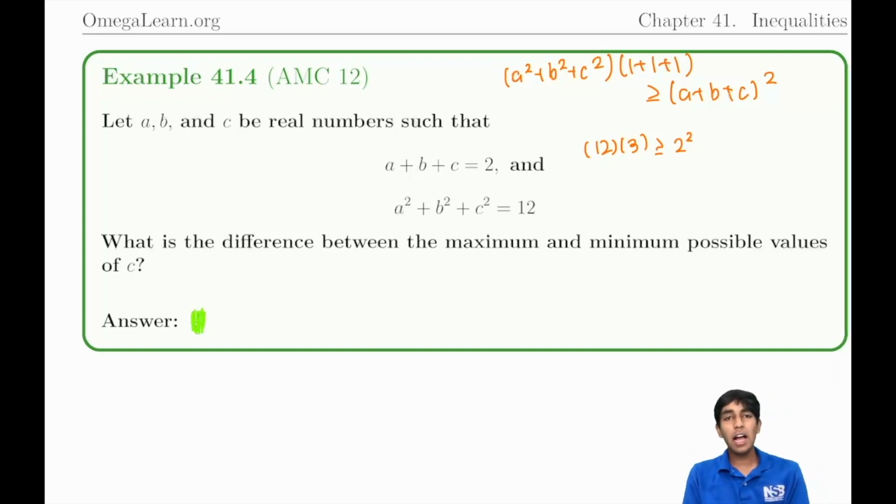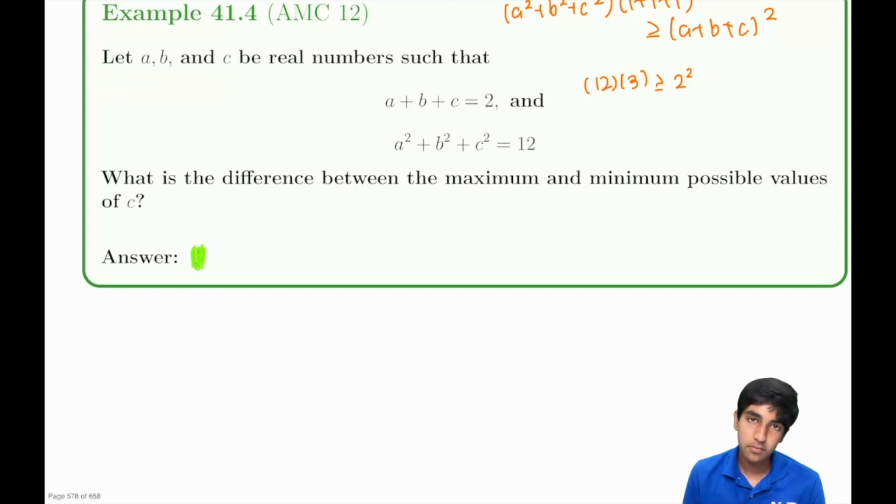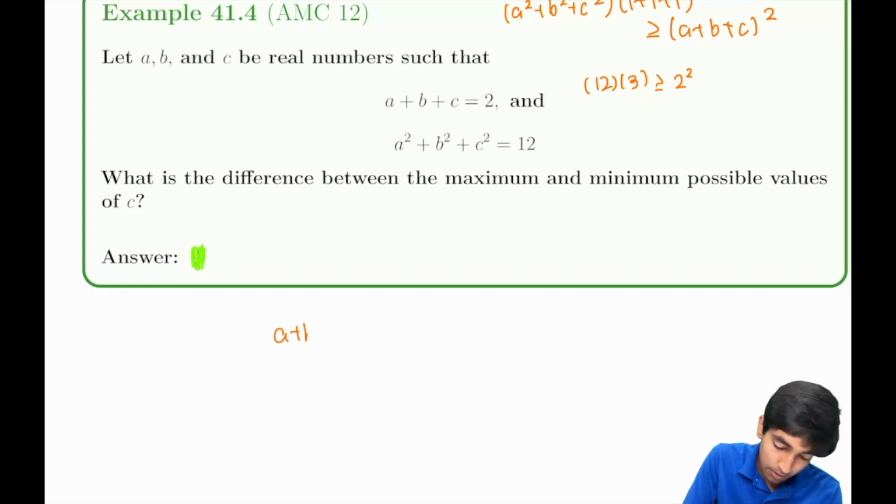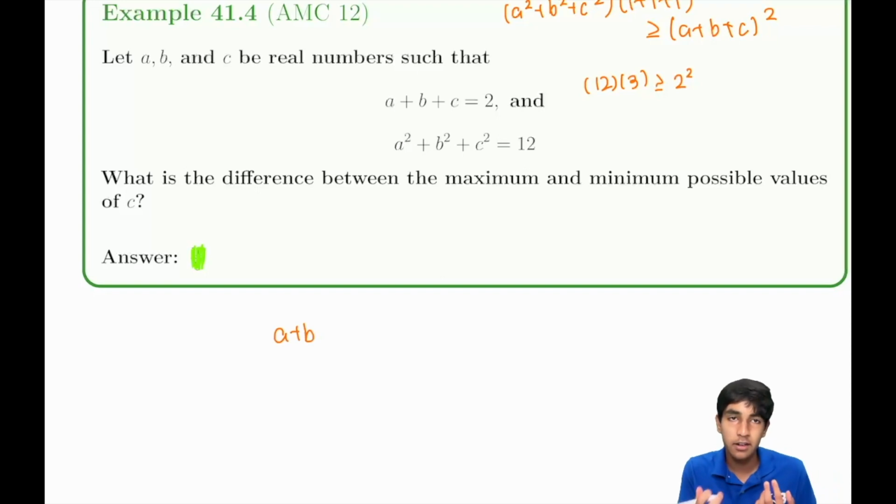But the thing is, we're kind of looking specifically at C itself. So what should we do? Let's try and isolate C a little bit, maybe. So let's maybe make A plus B on one side, because A and B are kind of symmetric. We're not really asked about any of them.